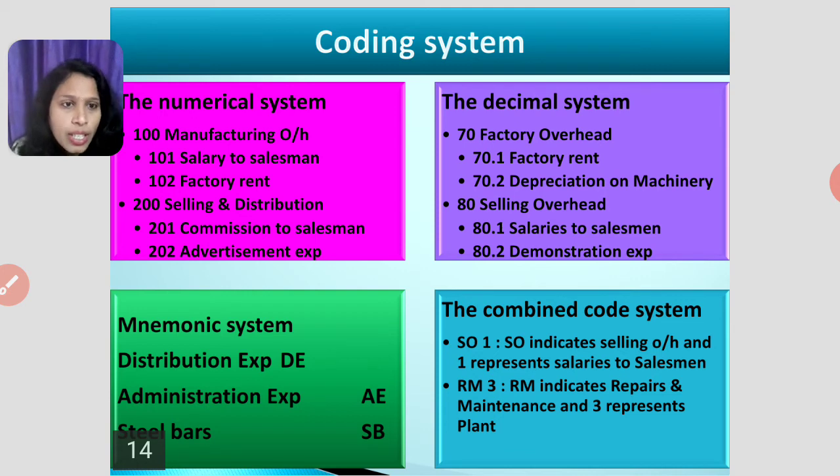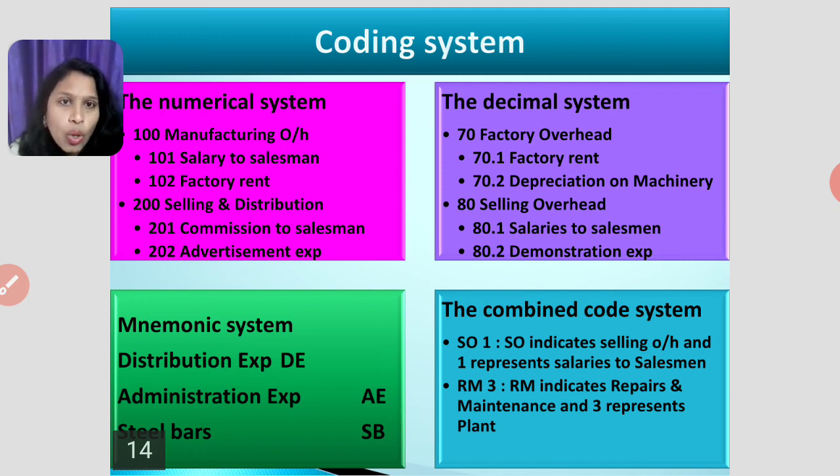And the next content is the combined code system. So SO1: SO indicates selling overheads and 1 represents salaries to salesman. It's a combined code system, alphanumeric. It's called the alphanumeric system. So SO1 is covered under selling overheads, and under selling overheads, number 1 means salary to salesman.